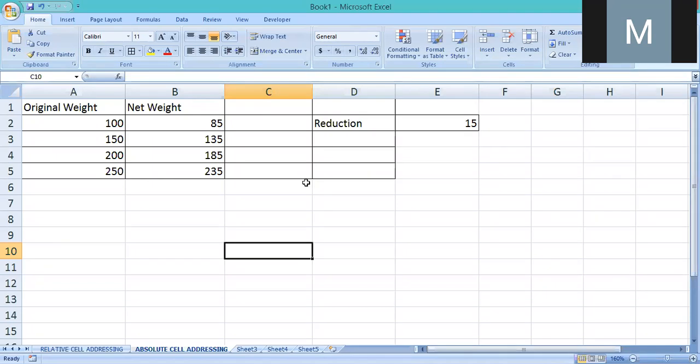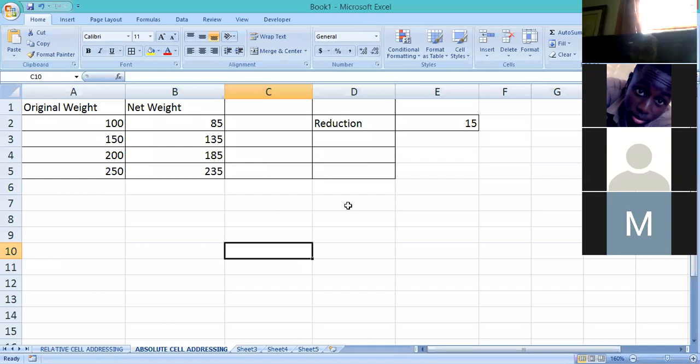It's not remaining the same. So my question is, what do you do to a cell to make sure that it remains constant, to make sure that it doesn't change?